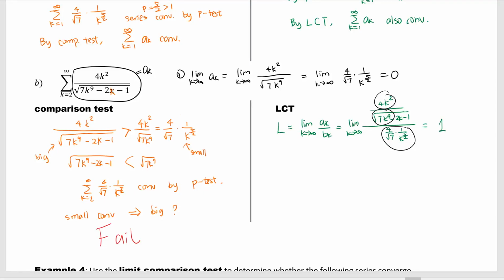So as long as the limit is a finite number which is not 0, then either both series converge or both diverge. So the series 4 over square root of 7 times k to the 5/2 converges by the p test.